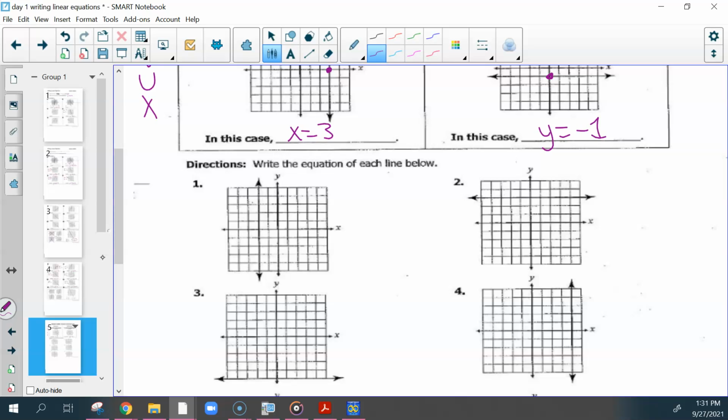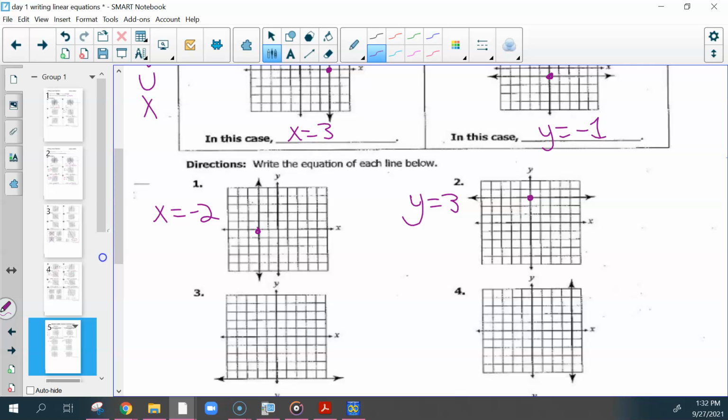Would number 1 be an x equals or a y equals? X equals, and what does x equal? So then 2 would be a y equals, and what does y equal? Again, if you need to, you can find the point where it crosses the x or the y-axis.